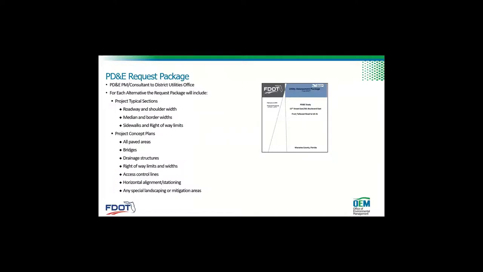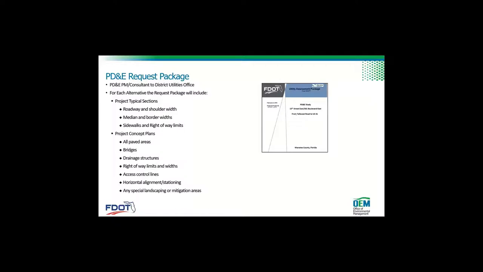Okay, so let's talk about the request package. So the PDE PM or consultant are going to prepare a PDE request package to give to the district utility office, and this will help them have something to give to the utility owners, so that we can request the information that we're going to need for PDE.